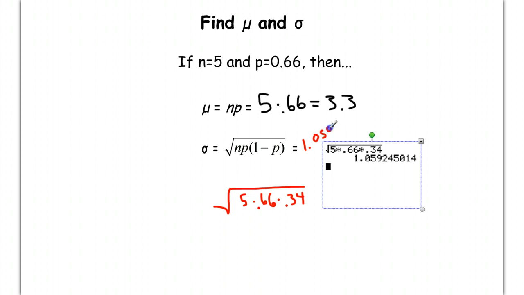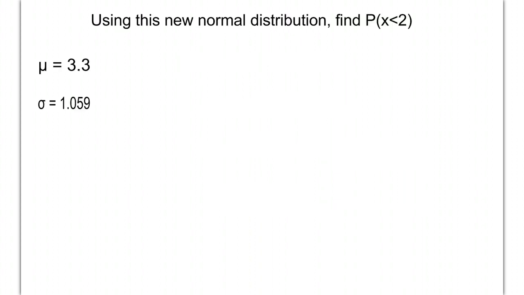Now we're going to use this information that we just calculated to help us in actually solving a normal curve problem, because now we have a mean and a standard deviation. So let's find the probability that x is less than 2. We sketch our normal curve as we always like to do when we have these types of problems.